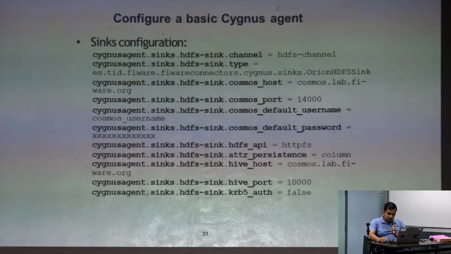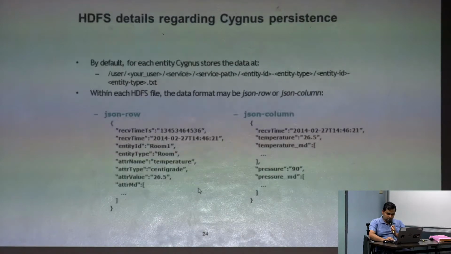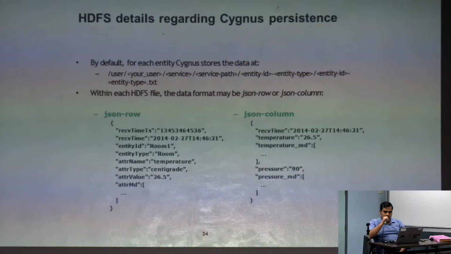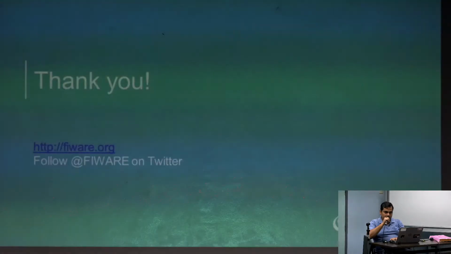This is, I think, for Hive. You can define your Hive host here. Your historical information you could either store as a row or column, so you can configure it the way you want.